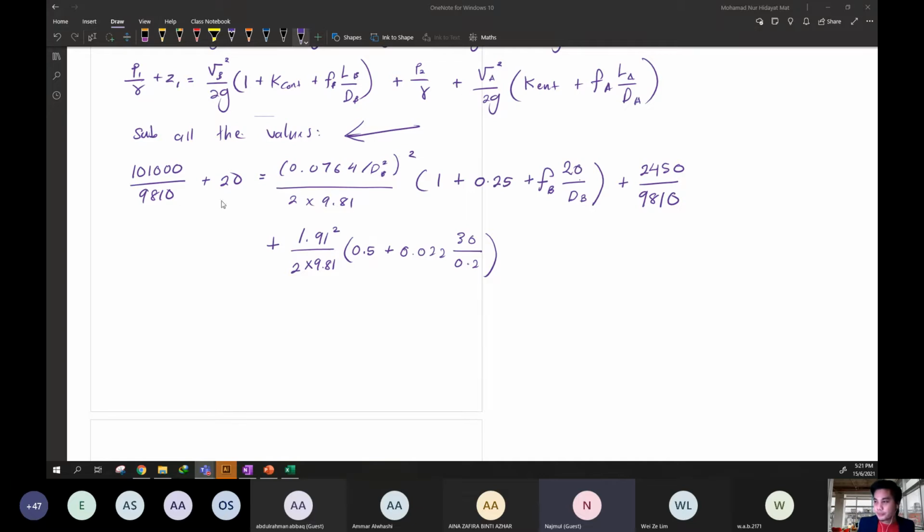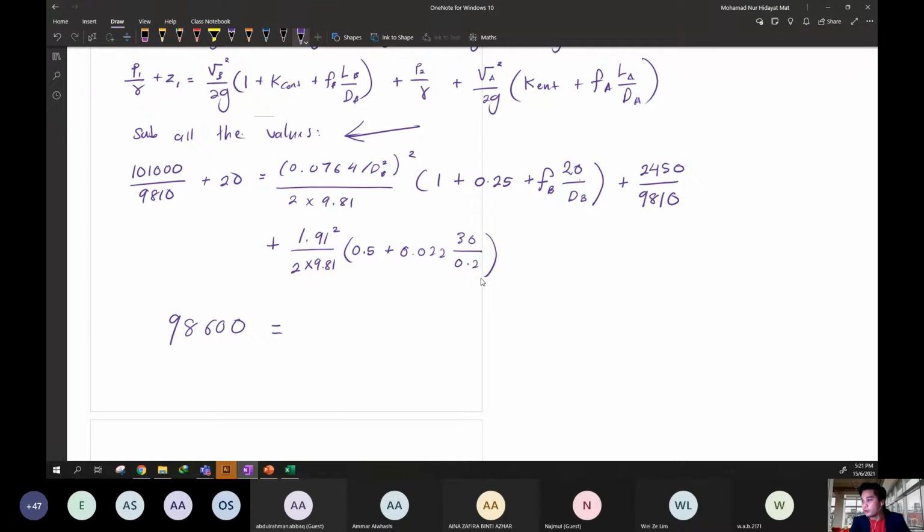Yes. Supposedly, you arrange it nicely. This is the equation. For example, you try to solve this one. On the left side, you will get 9600 equal to, for example, you have the value of this DB.